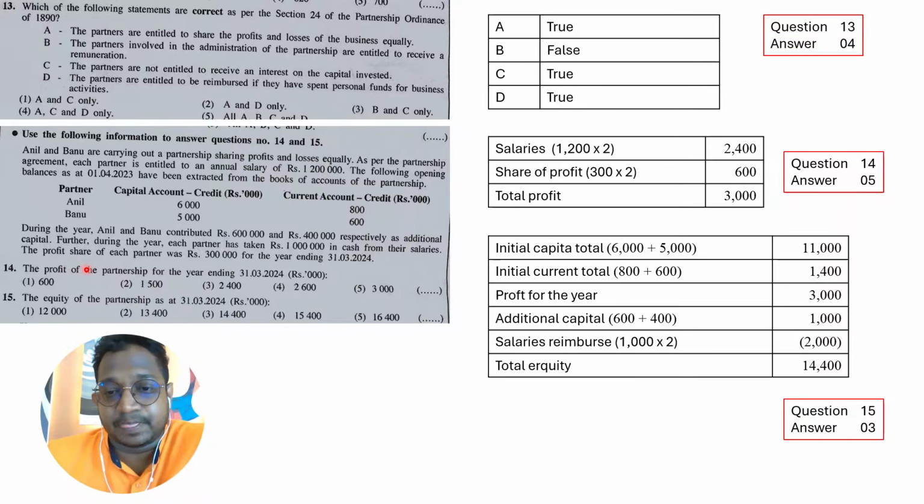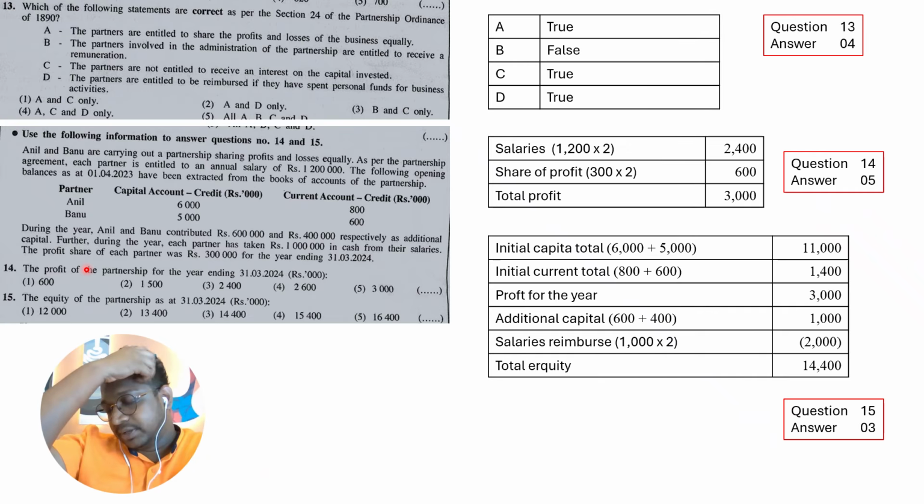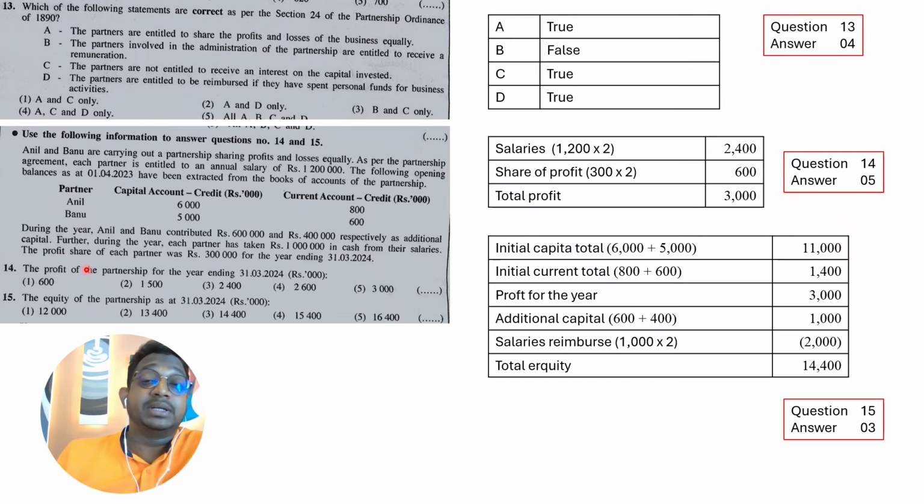300. Right? So when they're asking about the profit that you found from the income statement of the partnership, then you are appropriating that profit through your appropriation account. So the ways of distributing profit are share of profit, but before that, interest on capital and partner salaries.